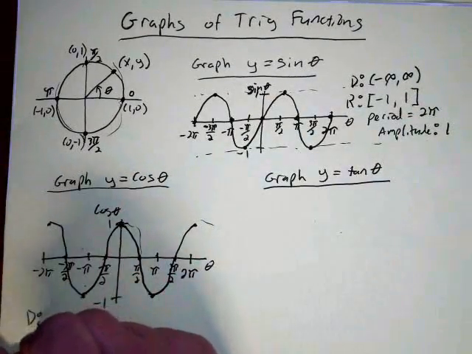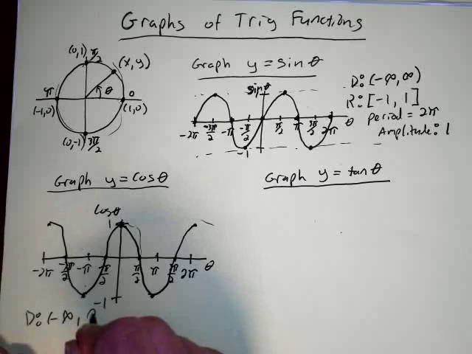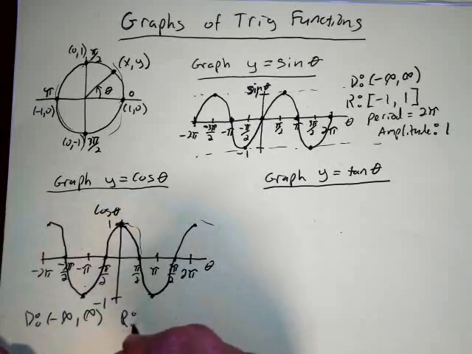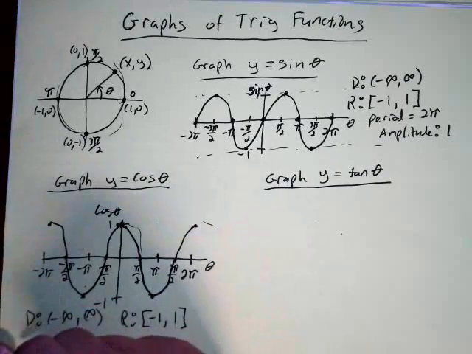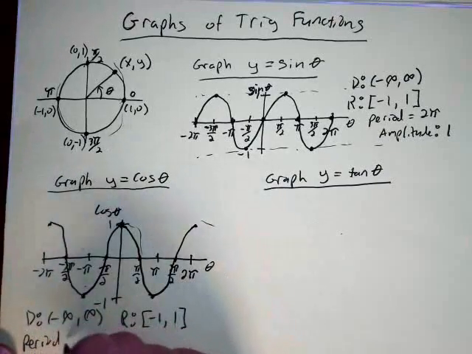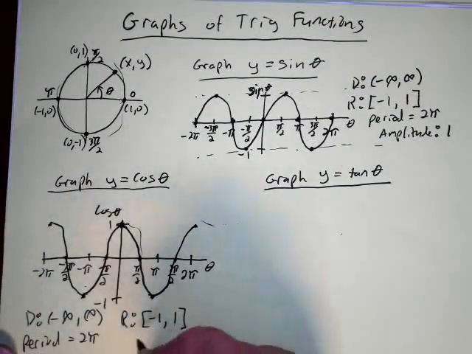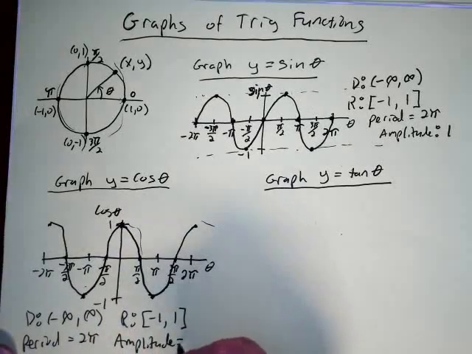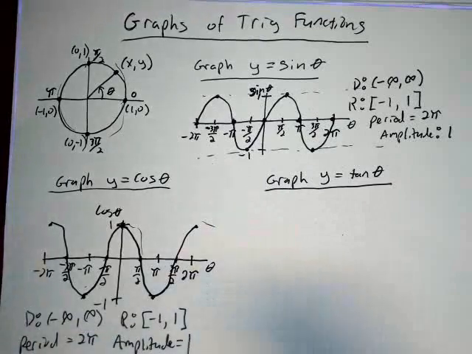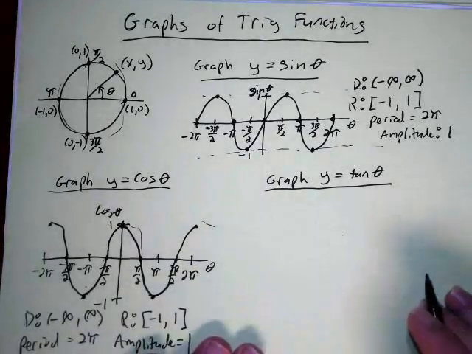The domain is -infinity to infinity. The range is -1 to 1. The period is 2 pi. The amplitude is 1.